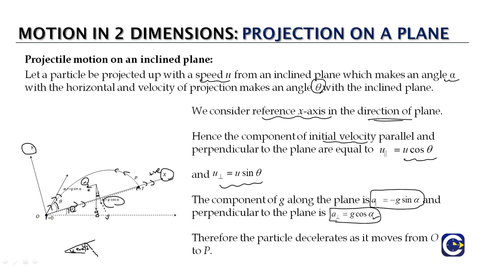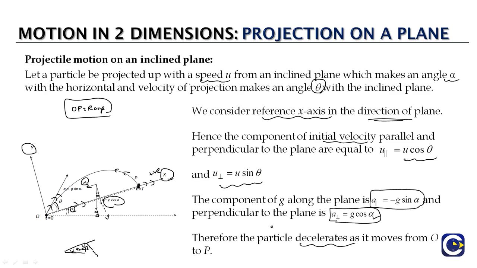The acceleration is exactly in the opposite direction, so we take it as negative following our sign convention. Now the particle will be getting decelerated as it moves from O to P. P is the final point where it touches the surface of the inclined plane again, and just to keep it in perspective, OP will be the range of the projectile.